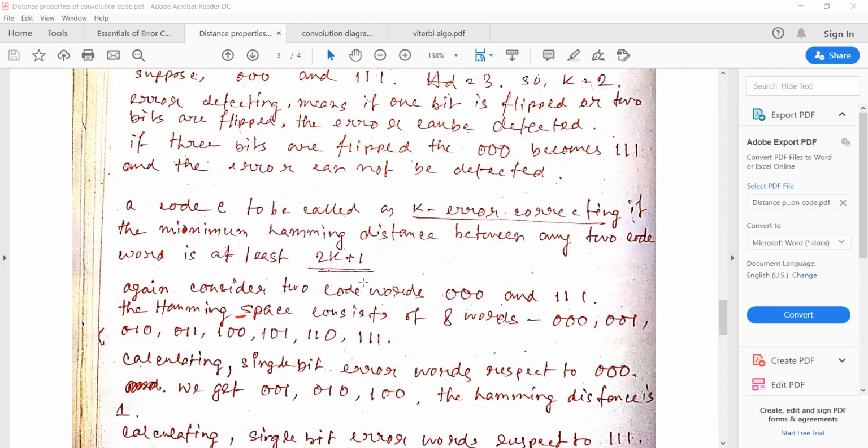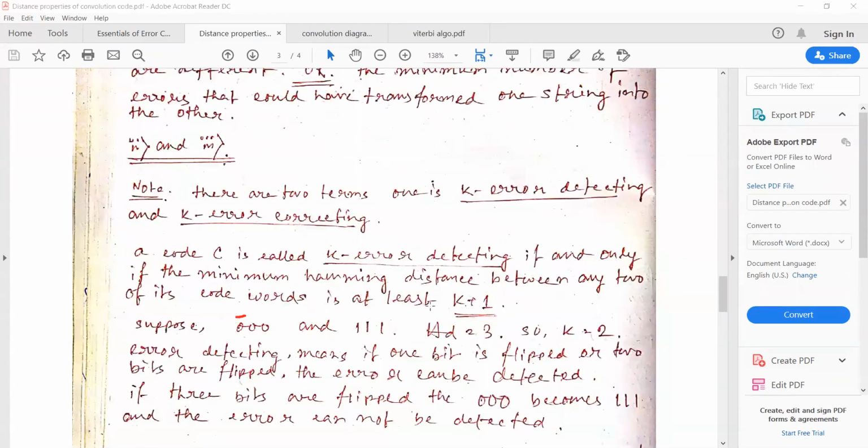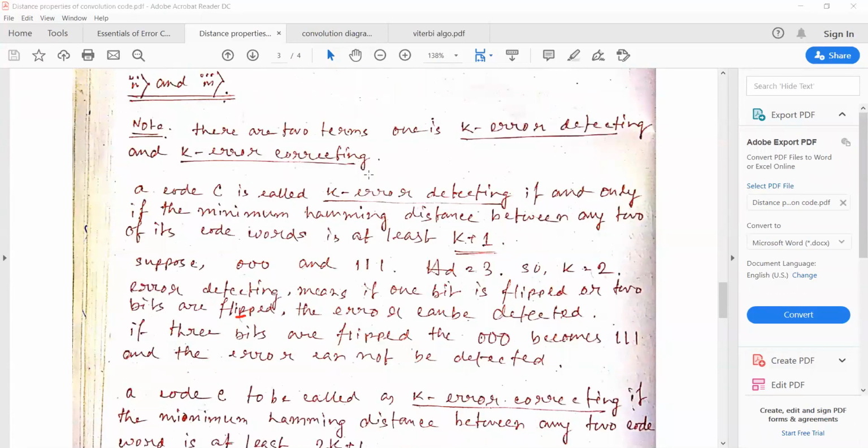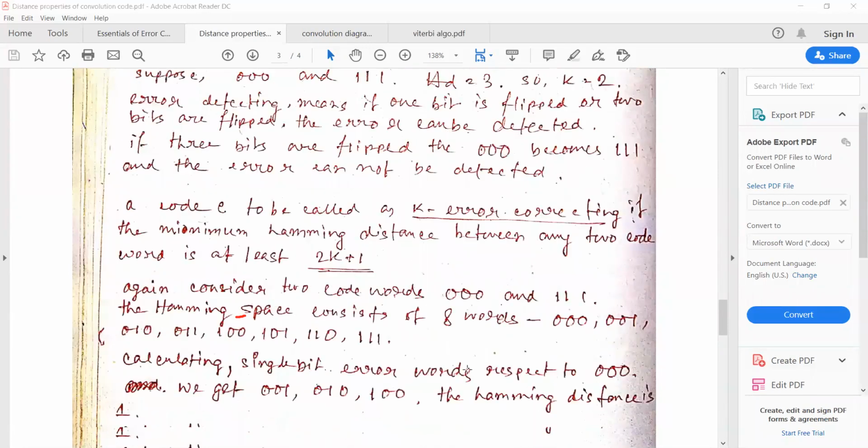That is the condition for any code to be k error correcting, and k plus 1 should be the minimum Hamming distance for any code to be k error detecting. So these are the two conditions: first is k error detecting, and this is k error correcting.